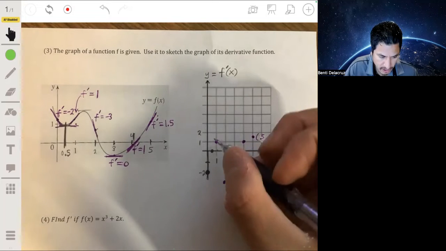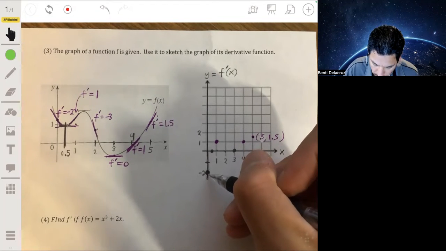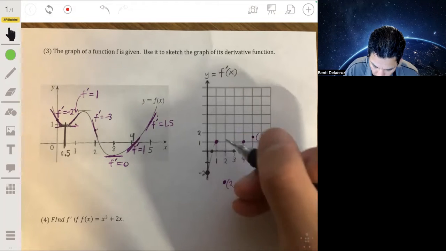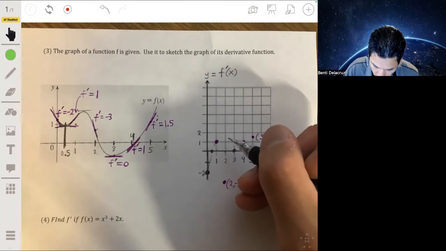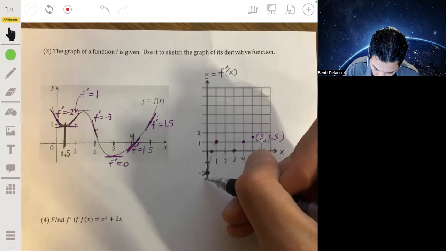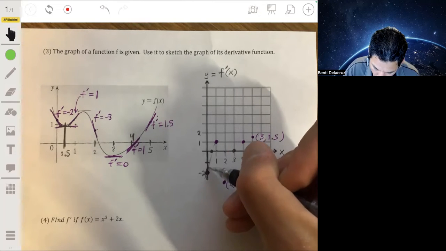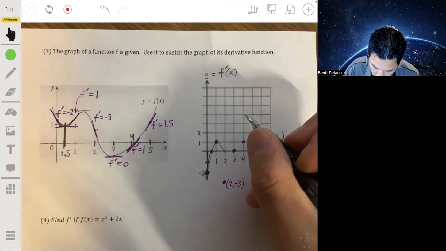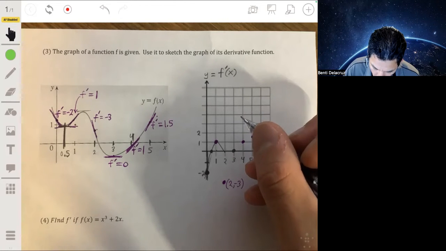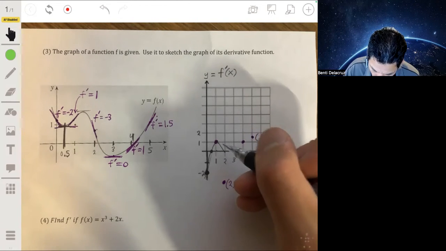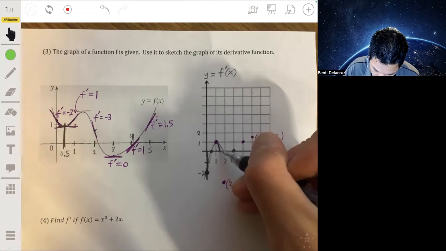So that's what's going on with this graph. Negative, spikes up all the way up to about, so maybe say it's something like this. At 2.